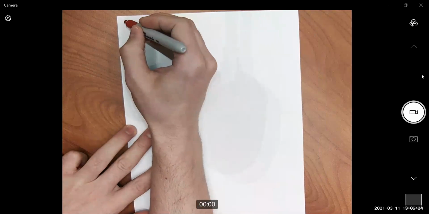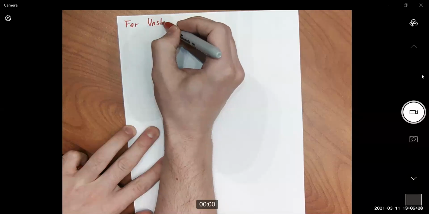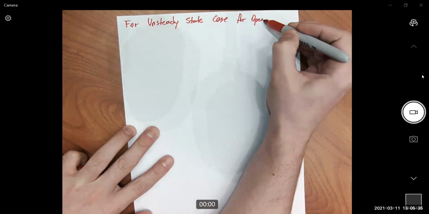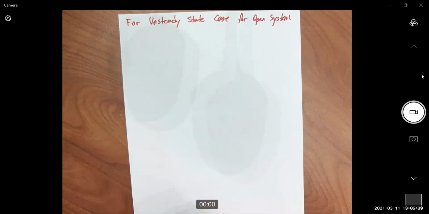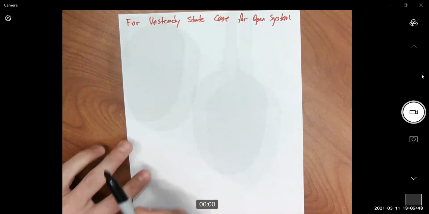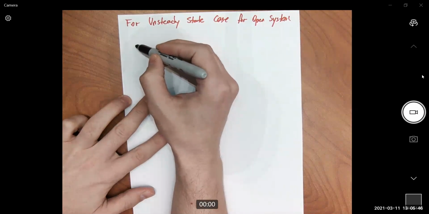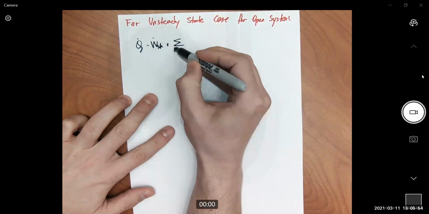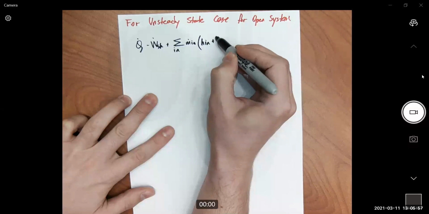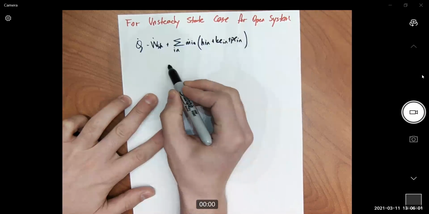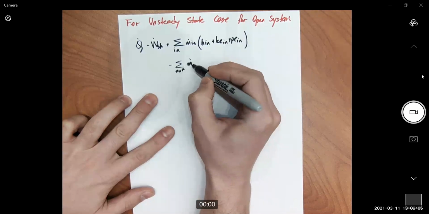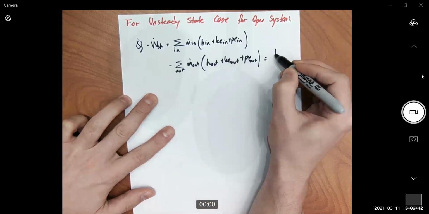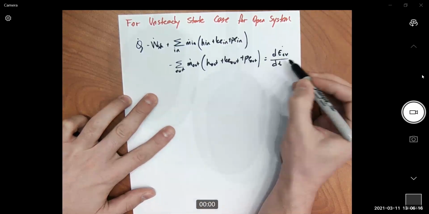So for the unsteady state case for an open system: Q minus work plus the summation of m-in times enthalpy plus kinetic energy in plus potential energy in, minus m-out times enthalpy plus kinetic energy out plus potential energy out, equals dE/dt.